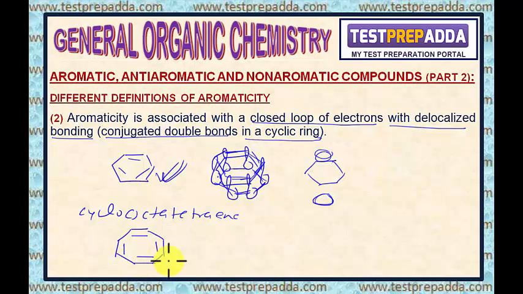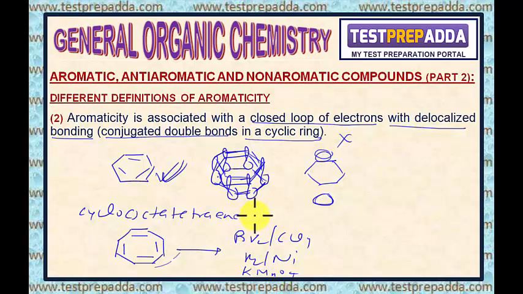This compound, although it has alternate, conjugated double bonds, reacts with Br2 in CCl4, reacts with H2/Ni, undergoes oxidation with KMnO4. So this compound cannot be considered as an aromatic compound. That is why this definition fails for these types of compounds.